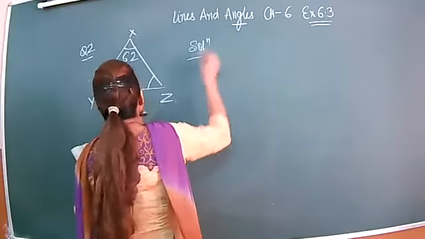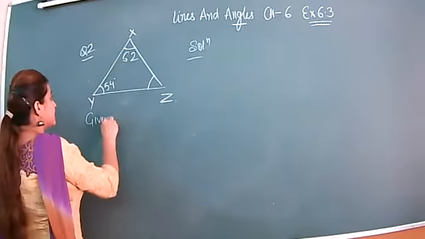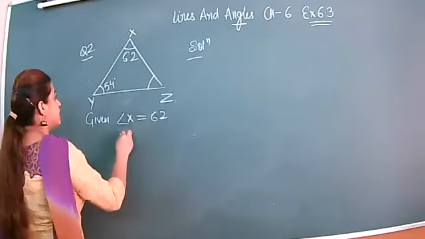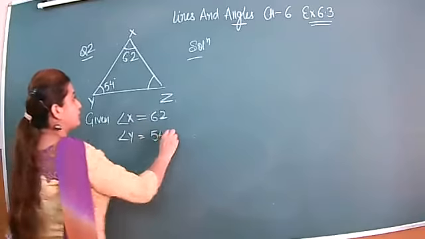Angle X is given. So firstly, you will write here given. Angle X is 62. Angle Y is 54.